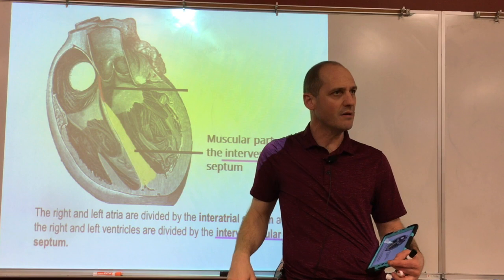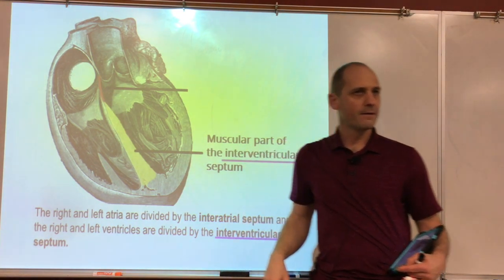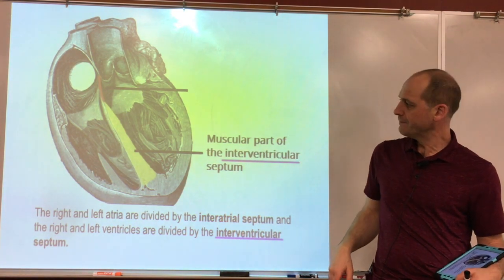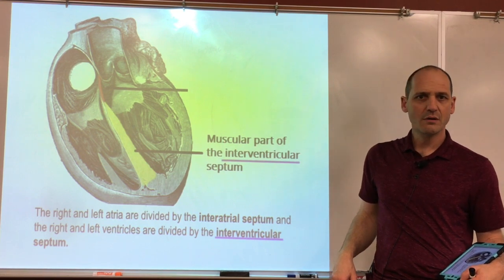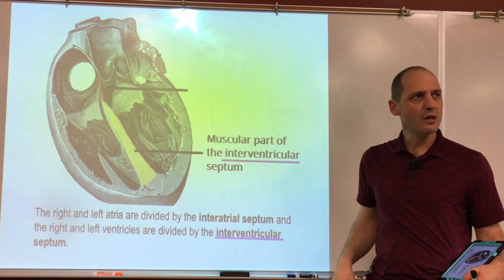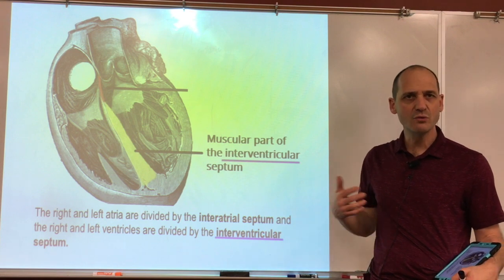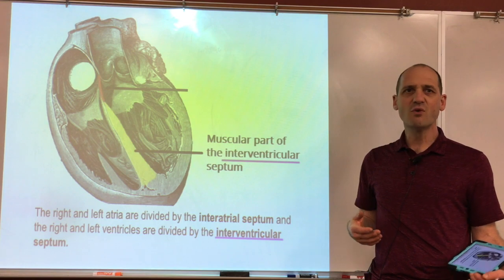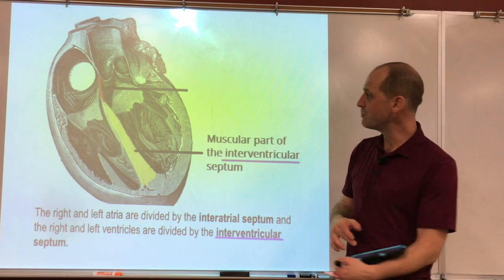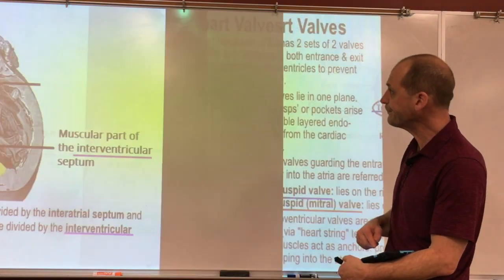Inter means in between. So septum is wall. Again, a lot of this is terminology. Hearing it a few times, it starts to roll more off the tongue because it's word creations. It's like playing Legos with words.